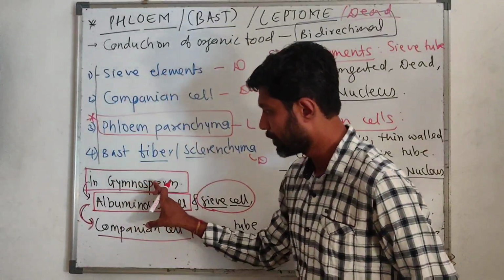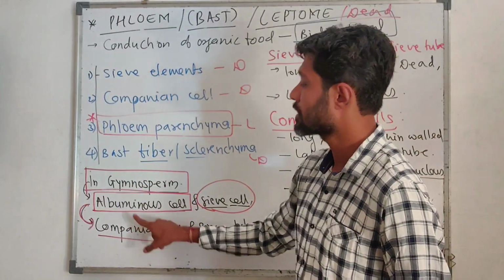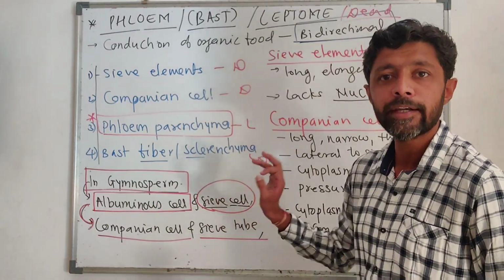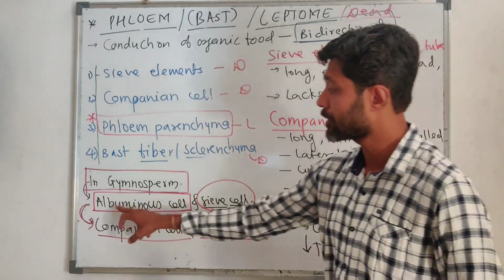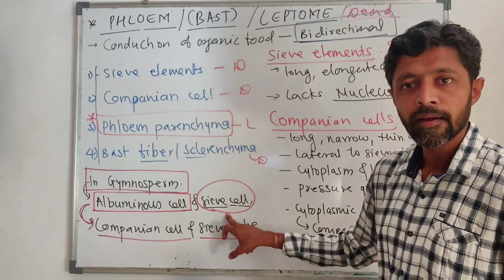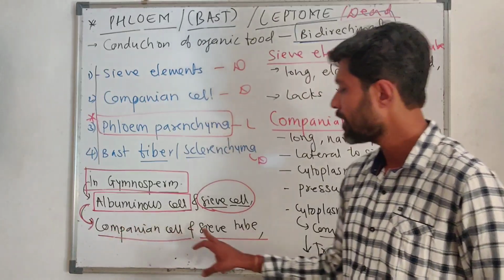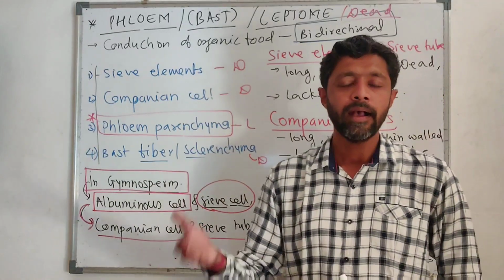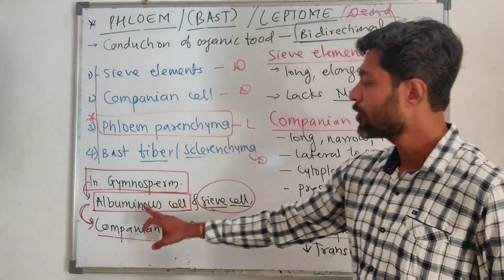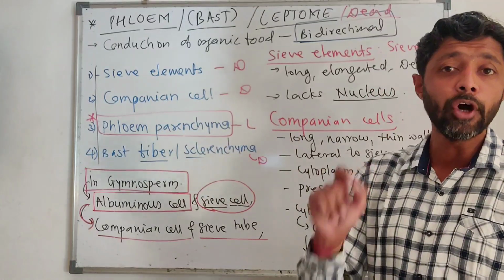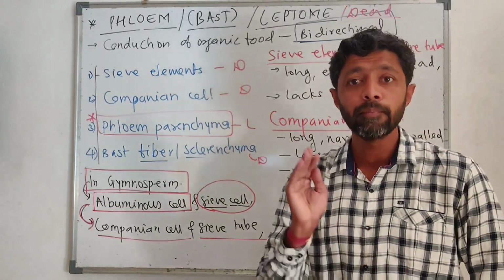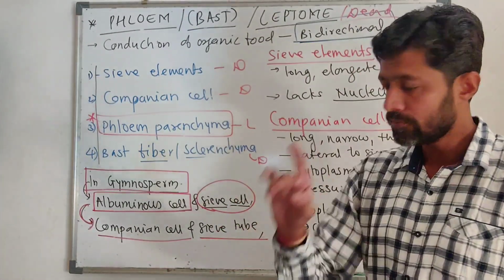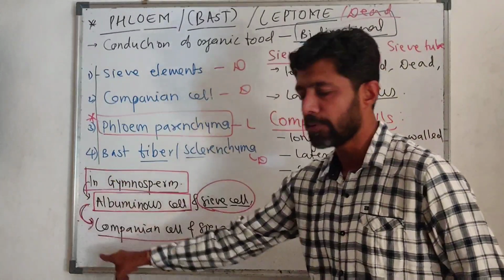In gymnosperm companion cells are replaced by albuminous cells and sieve tubes are replaced by sieve cells. Companion cells are absent, and instead of companion cells there is a presence of albuminous cells. In gymnosperm long elongated sieve tubes will not be present, but oval spherical sieve cells will remain present instead of sieve tubes. So this sentence you have to remember.